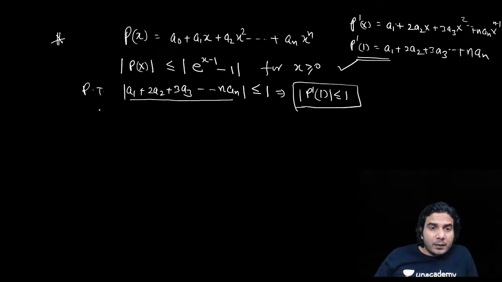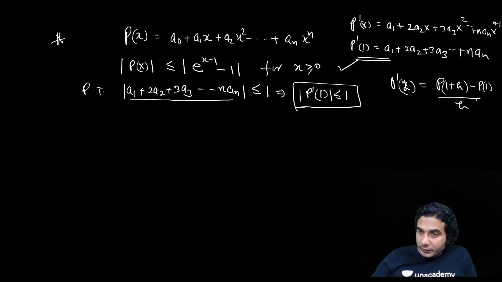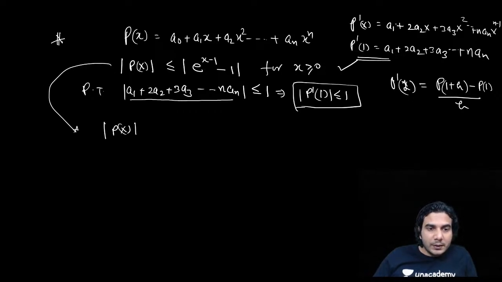Now see, what is p dash 1, by the way? Because p(x) is a differentiable function, p dash 1 is p of 1 plus h minus p of 1, divided by h. So first of all, let us use this inequation: mod of p(x) is less than or equal to mod of e raised to x minus 1. Obviously you'll have to use this to prove the given inequation.